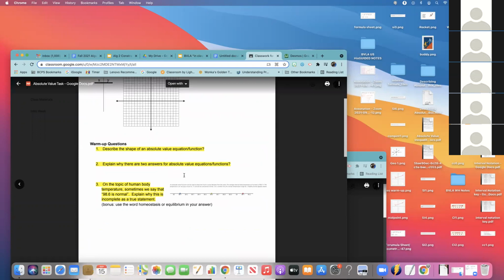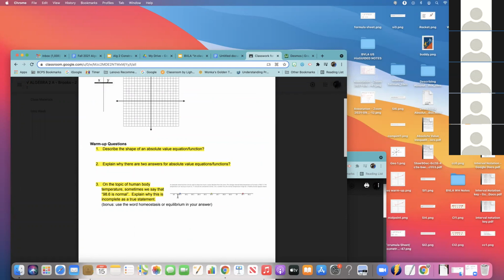Okay, and then I want to talk about this topic right here. On the topic of the human body, we say that 98.6 is normal, but is everybody 98.6? Like what happens if you show up to school and they're taking your temperature for a COVID check and your temperature registers at 97.2 or 97.6?